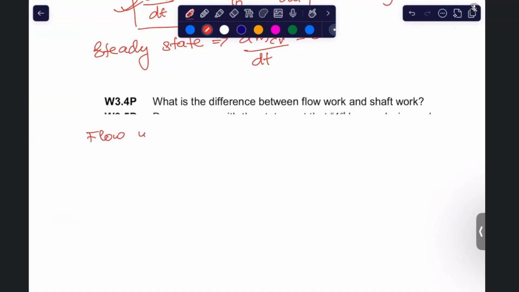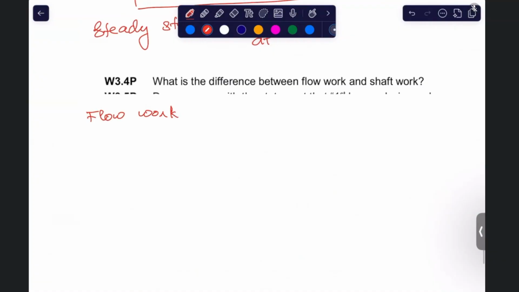Flow work means, if you consider a volume element V of fluid, if we have to push this mass or this volume in and out of a control volume, then we take the fluid energy associated with this pushing of mass into and out of the control volume as flow work.